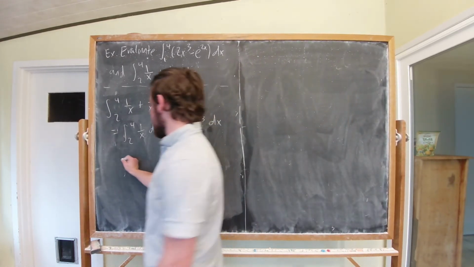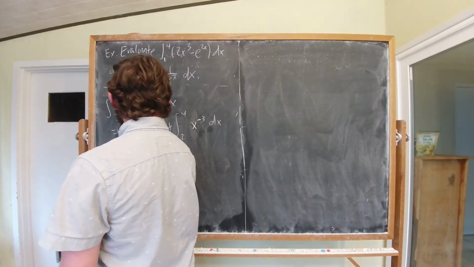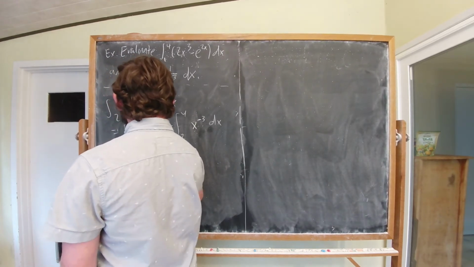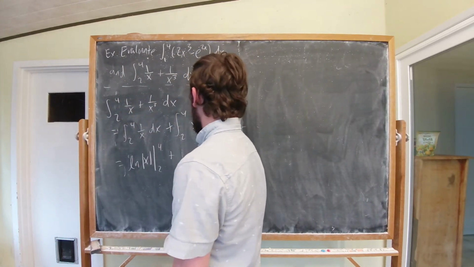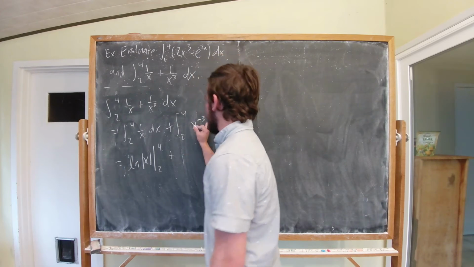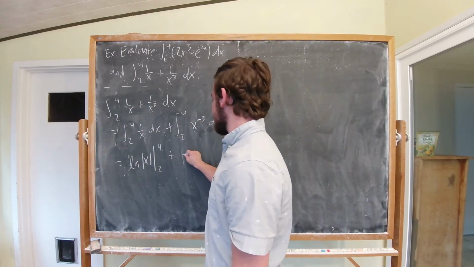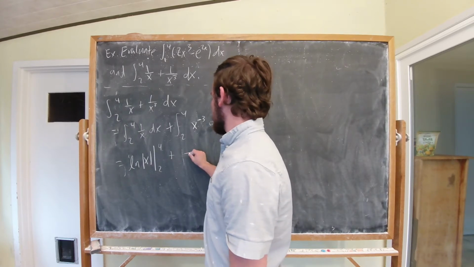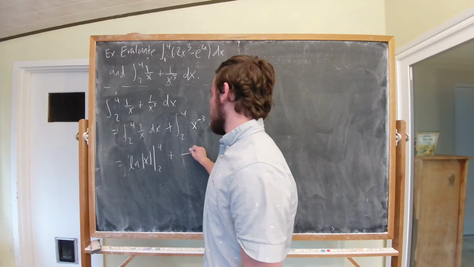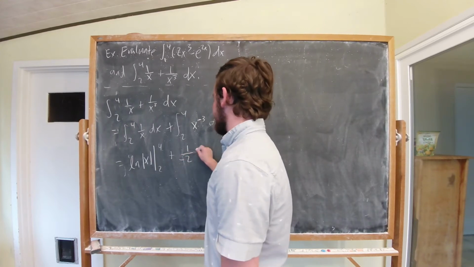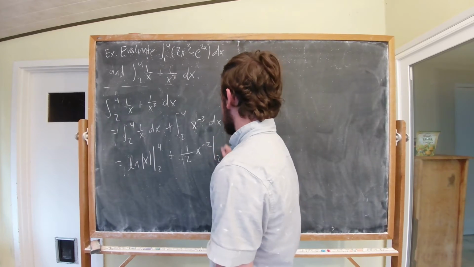Now, natural log rule tells us that this is the natural log of the absolute value of x, going from 2 to 4, plus, let's see here, power rule here says this will be negative 1/2. So, in other words, 1 over negative 2, x to the negative 2nd, from 2 to 4.